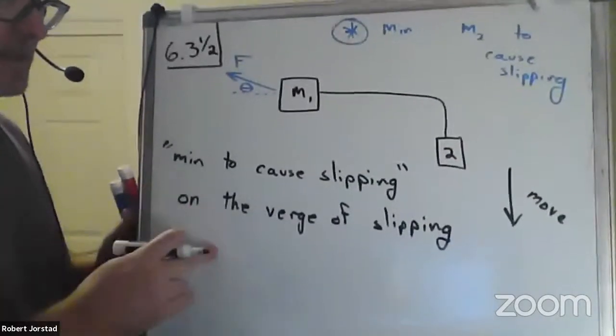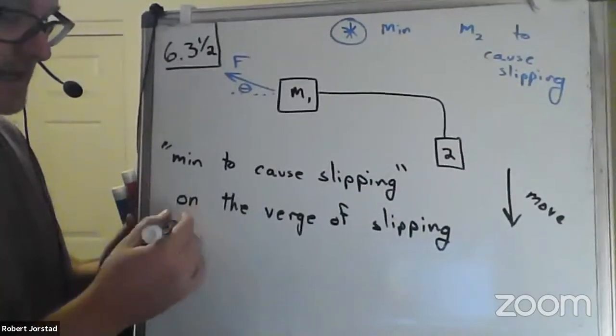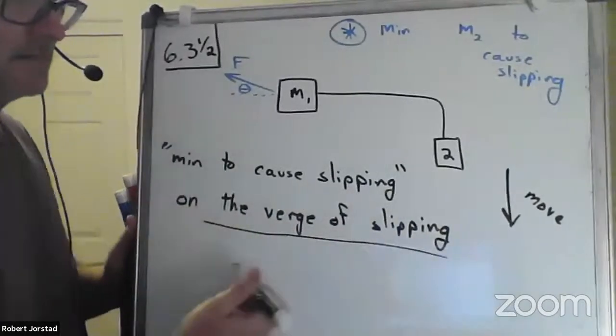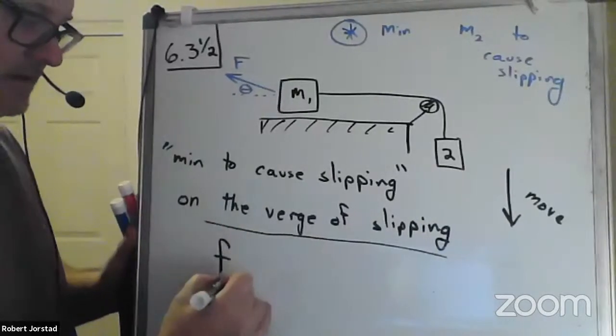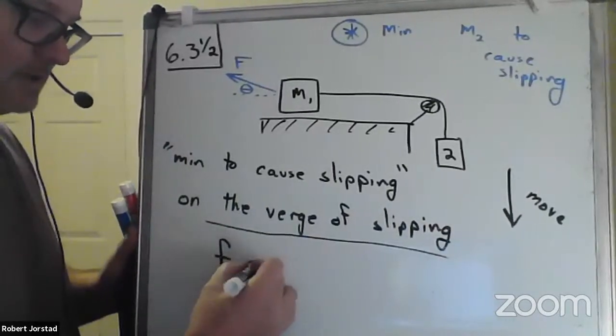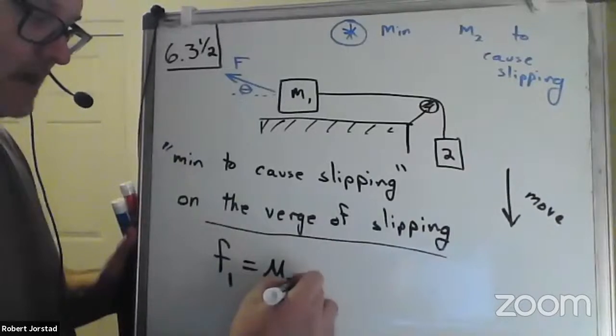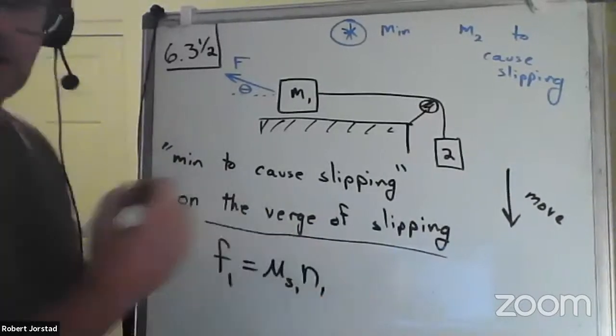That tells me something. What does this tell me? If it's on the verge of slipping, maybe I'll put this in here now. Then friction equals mu static times normal force. Yes. Friction for block 1 equals mu static for block 1 times the normal force on block 1.